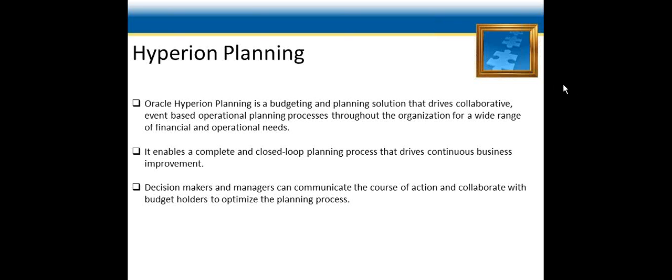It enables a complete and closed-loop planning process that drives continuous business improvement. Decision-makers and managers can communicate the course of action and collaborate with budget holders to optimize the planning process.